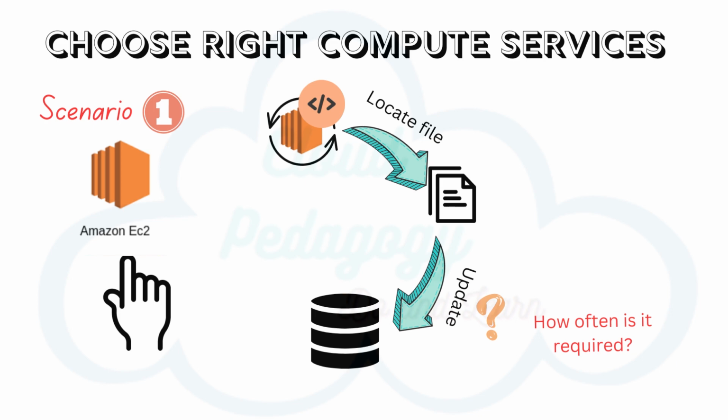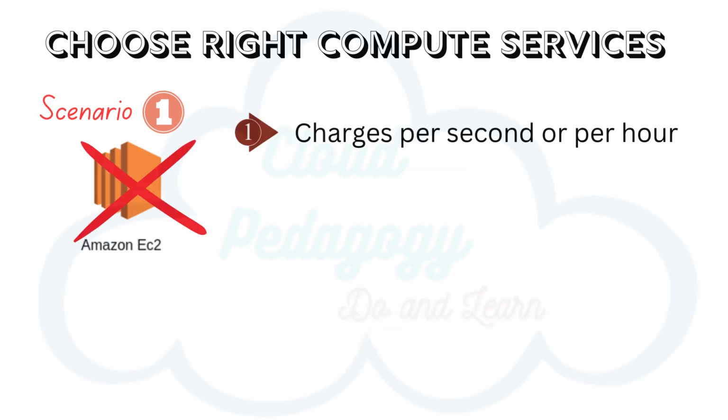Good to know. So, it's not very often, which means this process would only run once a quarter, and that does change my answer. Here is why. Amazon EC2 charges per second or per hour. So if I have an EC2 instance running all the time to serve requests that happen once per quarter, that seems like a lost opportunity to optimize for cost.